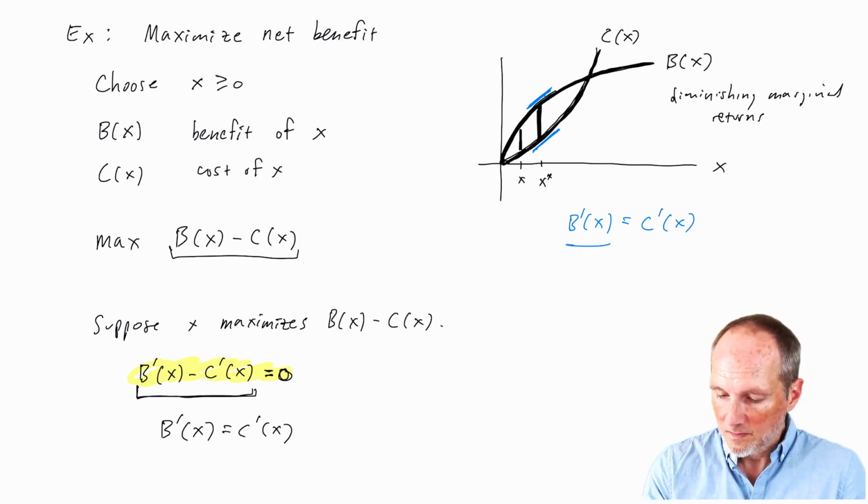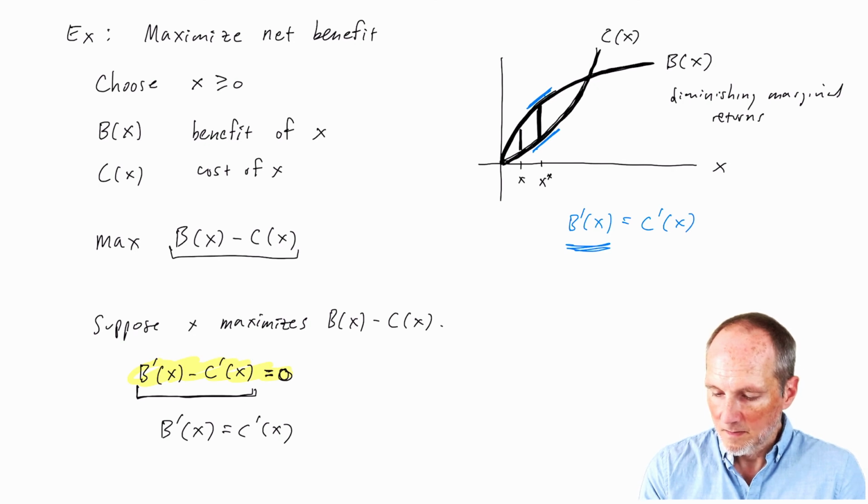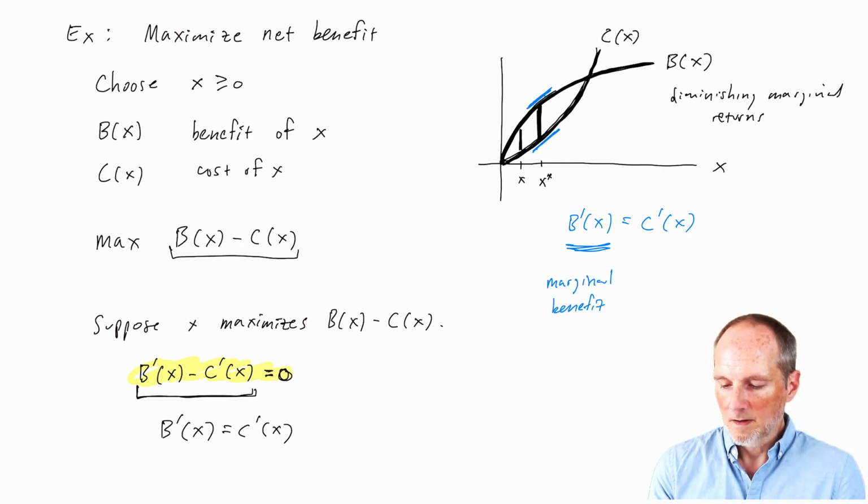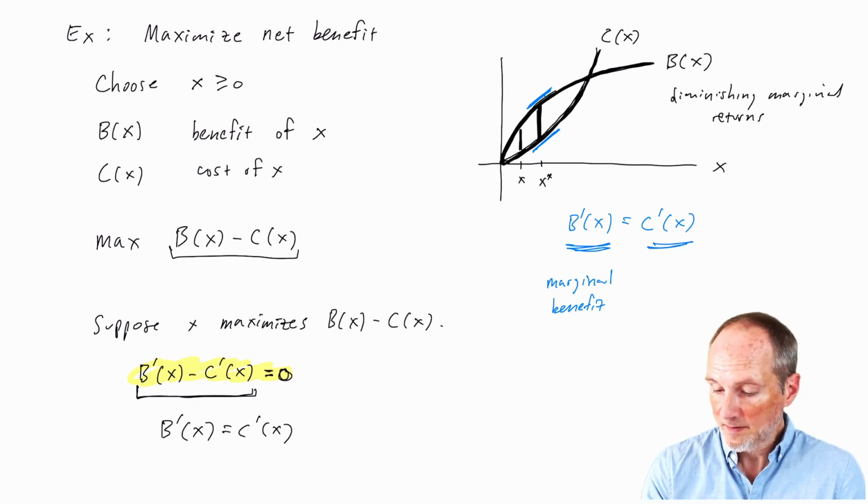In words, we call this the derivative of the benefit function at x. That's the marginal benefit of increasing scale at x. And the derivative of the cost function is the marginal cost.